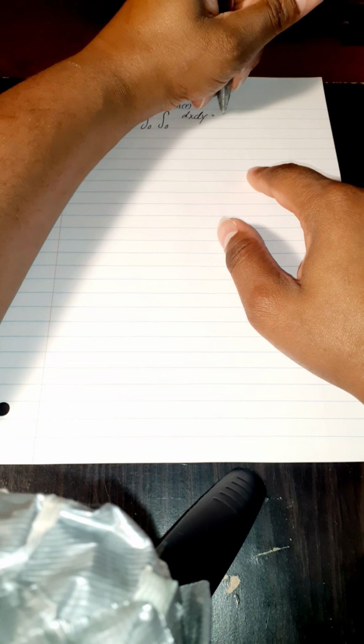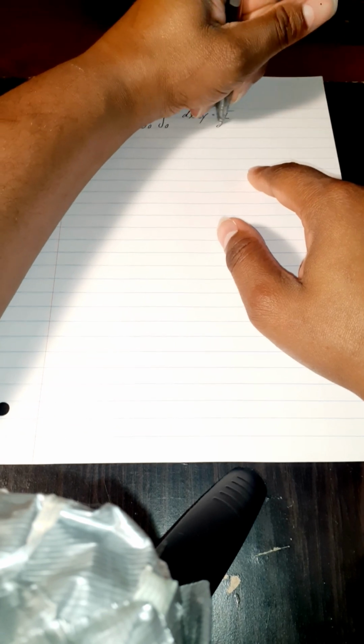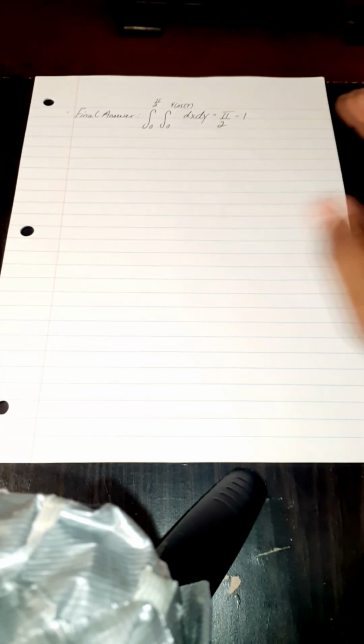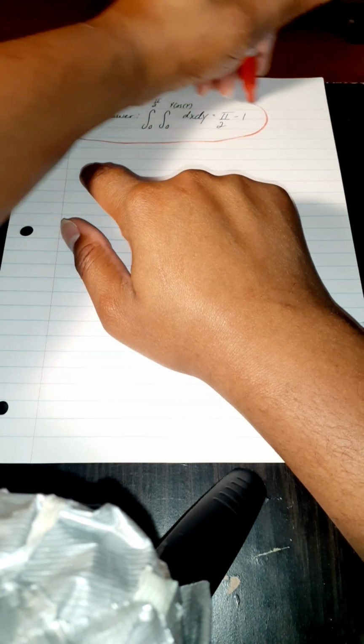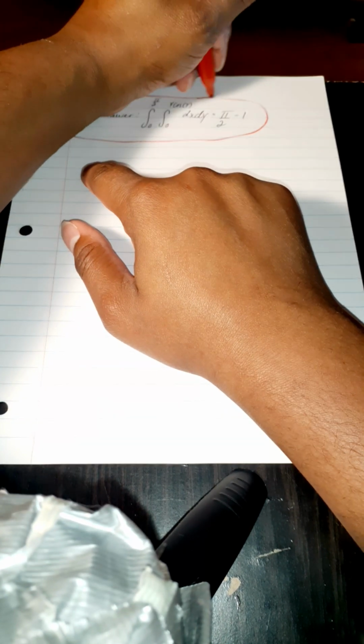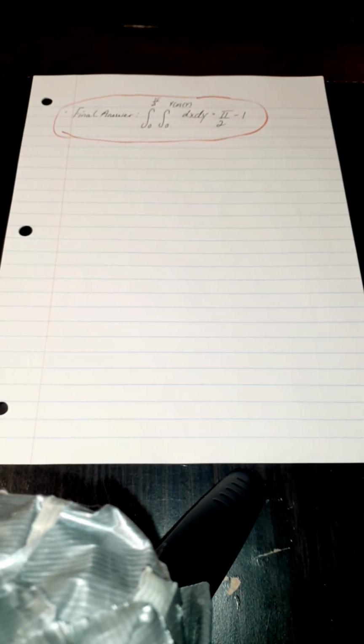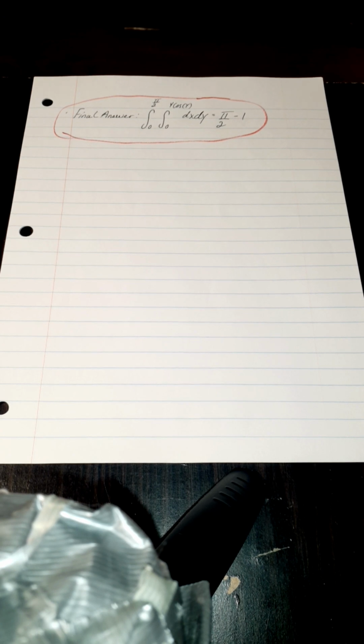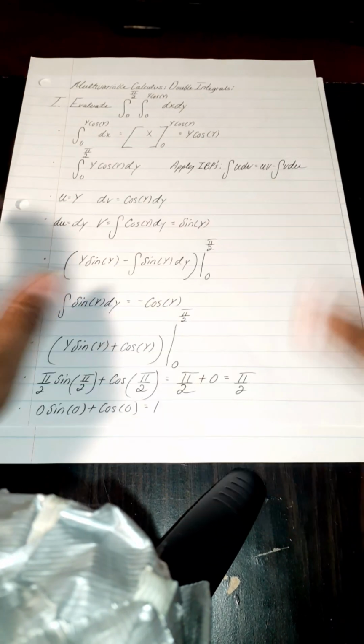So the answer for this is just going to be pi over 2 minus 1. And that's it. So just a short little double integral. Not much to that one. So that's your solution.